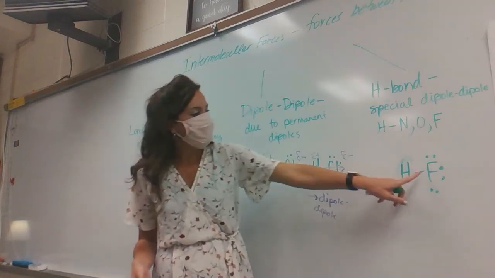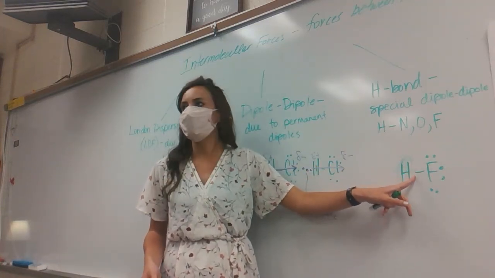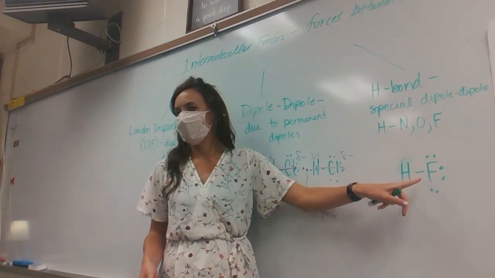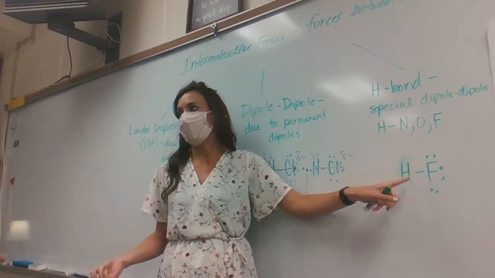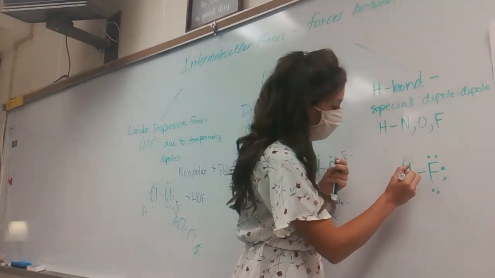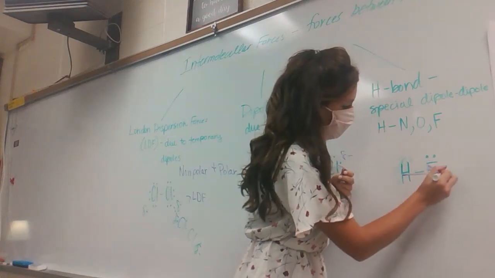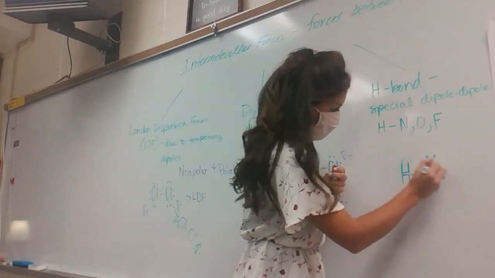So when it makes this covalent bond with hydrogen, it's pulling hydrogen's electron towards it very efficiently. It's so good at it that it almost completely pulls it off of hydrogen. Not completely, but almost.